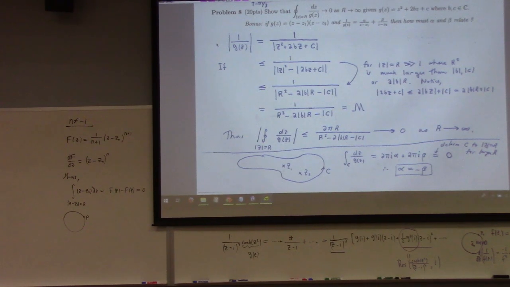And then I thought about it. If I make this as large as it can possibly be, then wouldn't that make this difference as small as it could possibly be, and hence the fraction largest? So in order for that to make sense, I need to be sure that this term is actually smaller than that term.